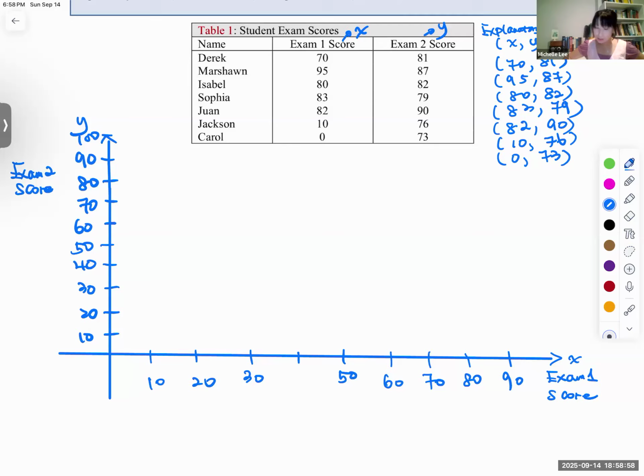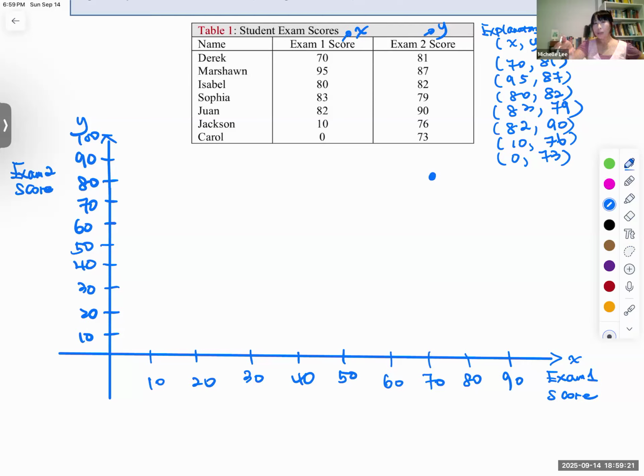The first one is 70 and 81. Oops, 40 is missing. So 70 and 81 is approximately here, right?